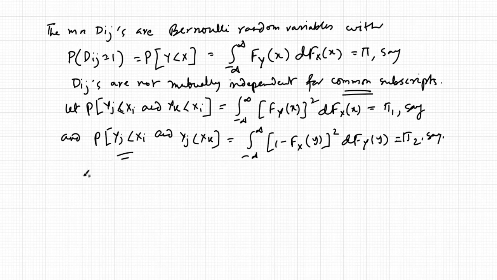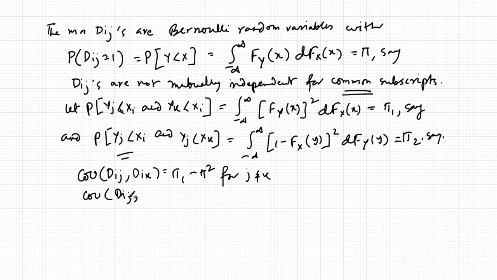Now covariance of Dij, Dik equals pi 1 minus pi square for j not equal to k. Covariance of Dij, Dkj equals pi 2 minus pi square for i not equal to k.